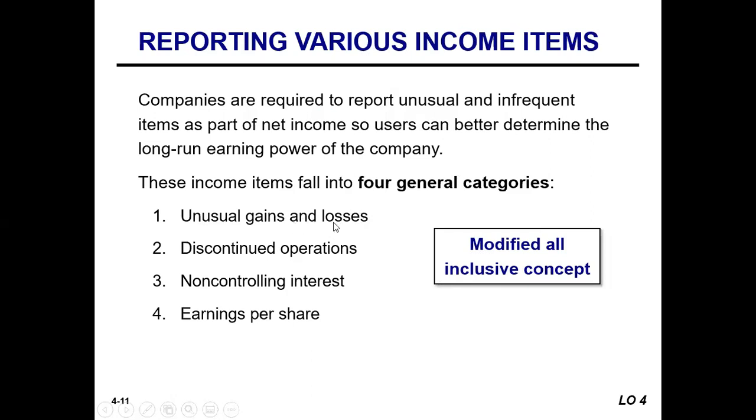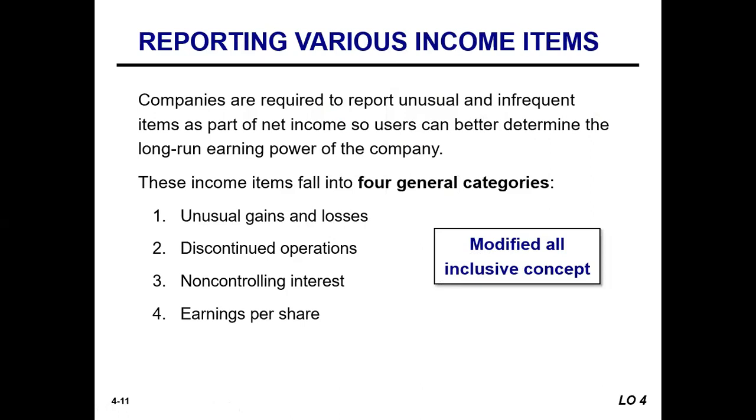So we would have income from operations, and then under income from operations, we would list the unusual gains or losses, right? And that would give us then net income before income tax, right? So that's number one, usually we're going to find on most income statements.